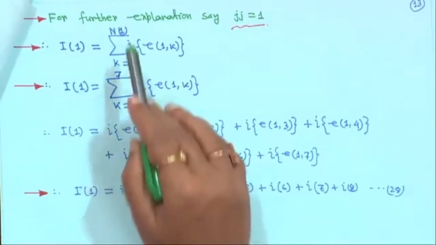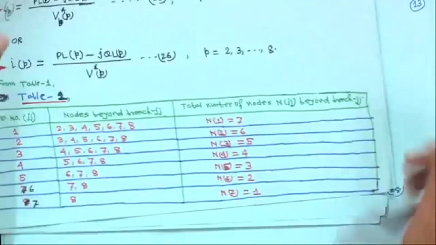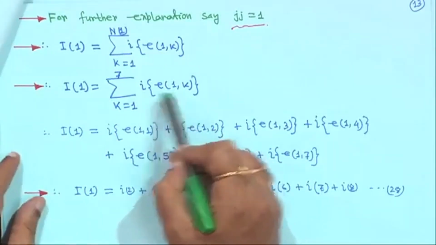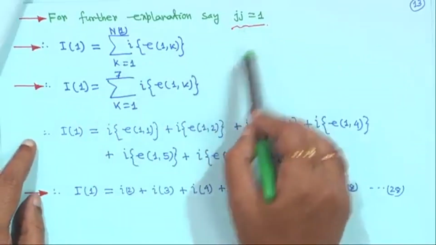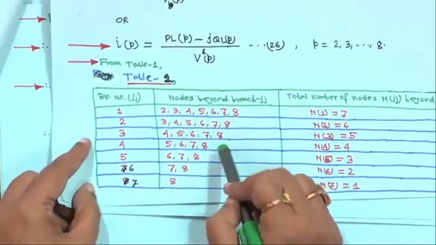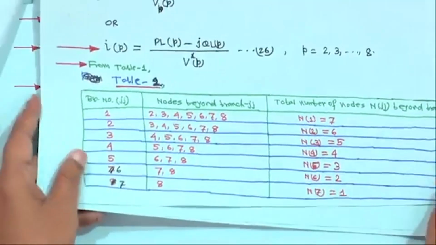At N1 we have seen from this table, N1 is given as 7. You put N1 equal to 7, and this matrix, for branch 1, will be E1k. This matrix you have already read in the computer as data, this data is known, right.